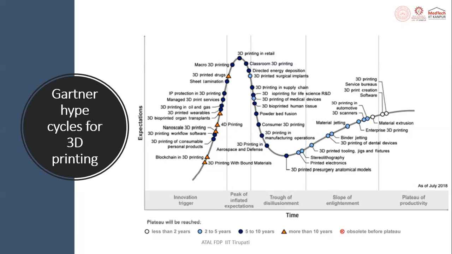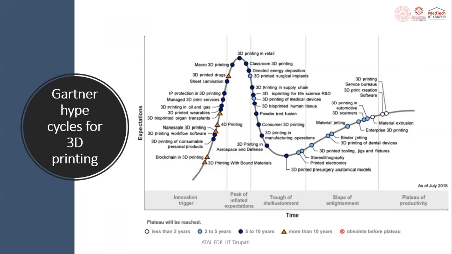So 3D printing retailing will slowly fall into the trough of disillusionment. But 4D printing is going to move from innovation towards the positive, and the plateau will be reached.